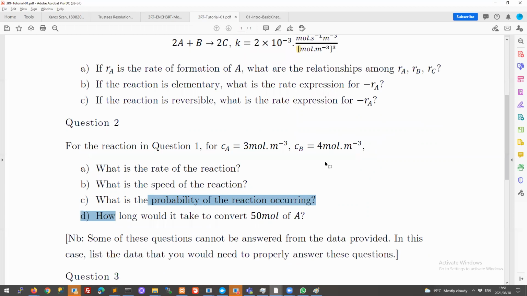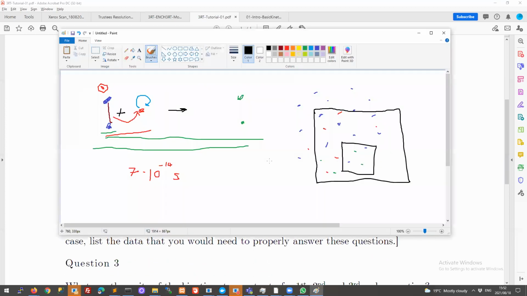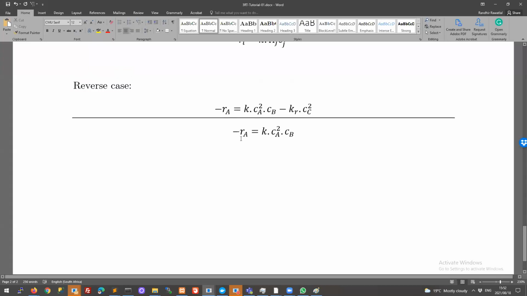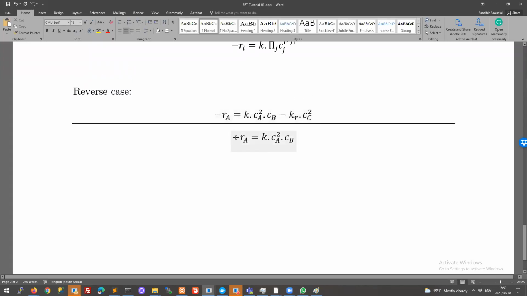And in fact, there is something we can talk about towards this. So the probability of the reaction occurring, number one, we know it's an elementary reaction. And if it's an elementary reaction, then we do have this expression.